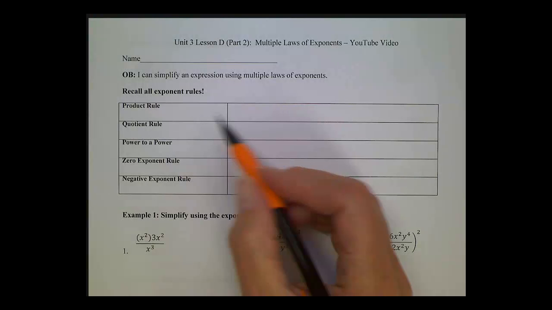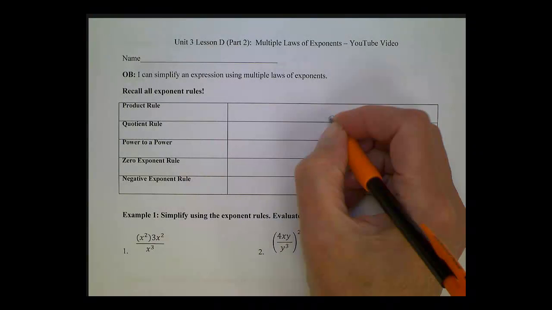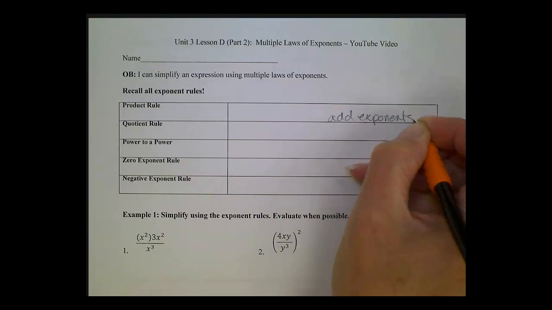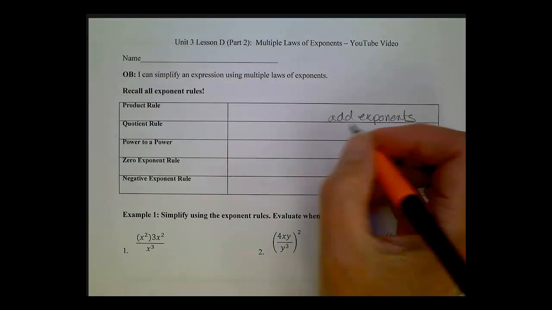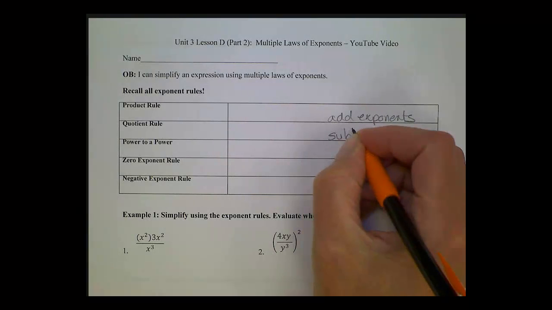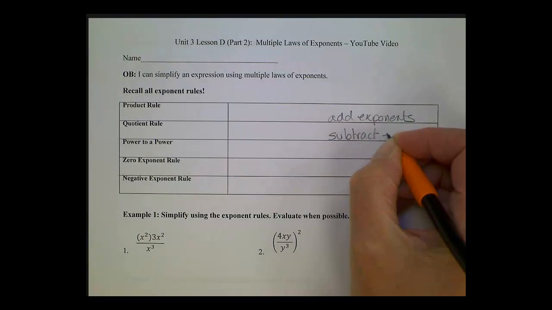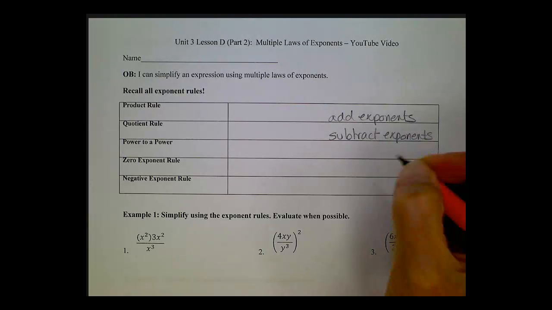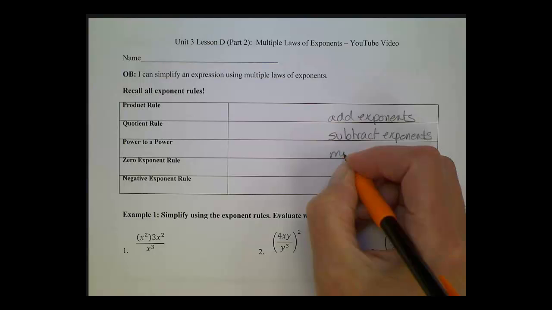Just as a quick review, because hopefully we have all these rules memorized: the product rule, you're multiplying two terms together, you will add exponents. Quotient rule, you are dividing two terms and you will subtract exponents. If you have a power to a power, you will multiply exponents.